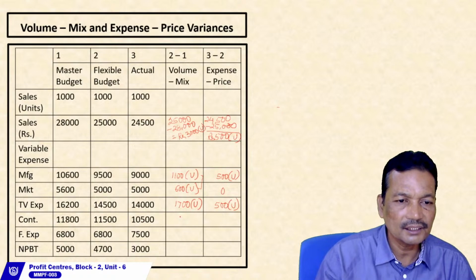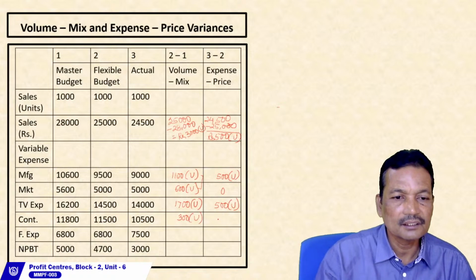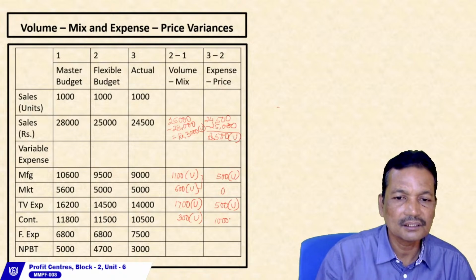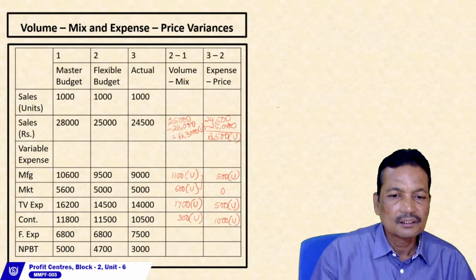This is 300 unfavorable. This is 1,000 unfavorable.